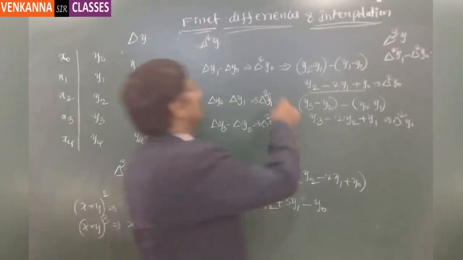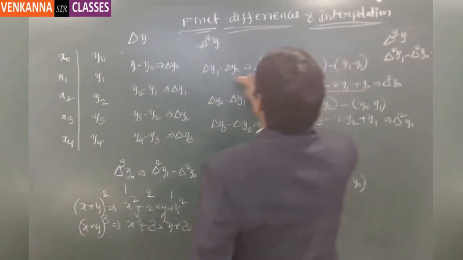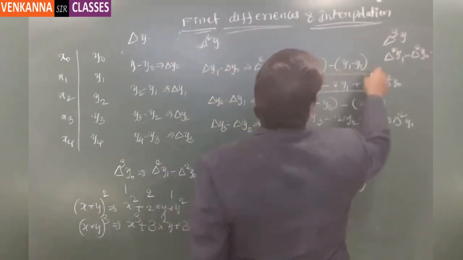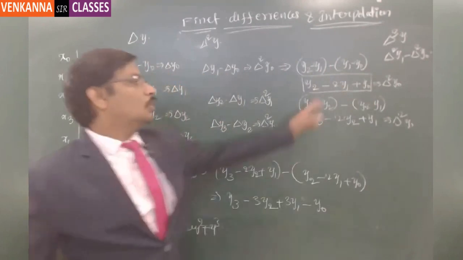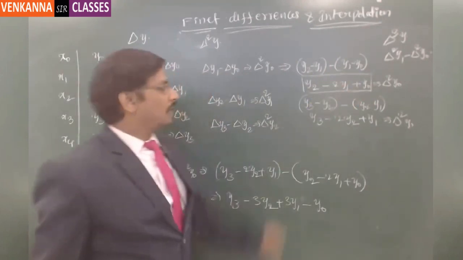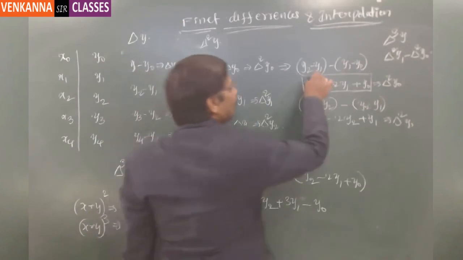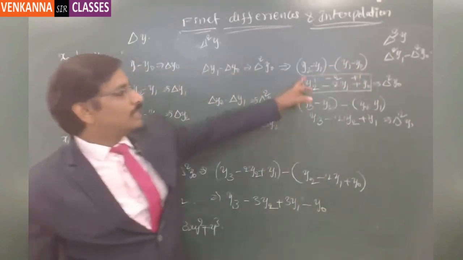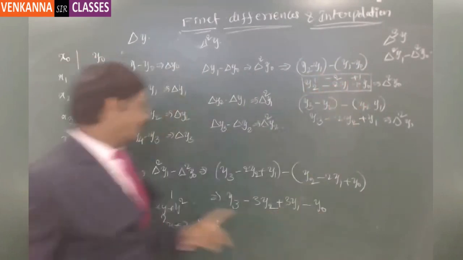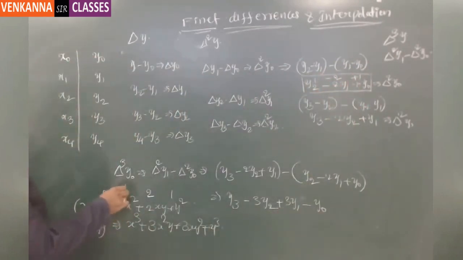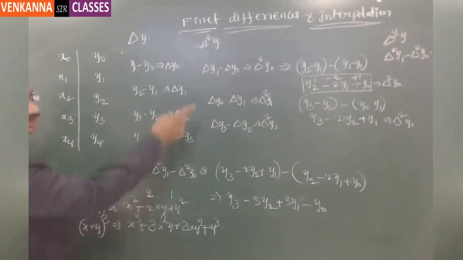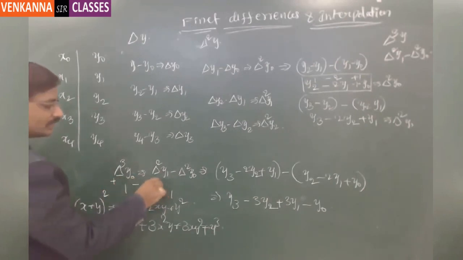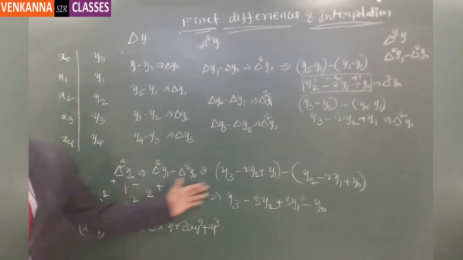In this operator, del square y, the value we calculated is y2 minus 2y1 plus y0, with coefficients plus 1, minus 2, plus 1. The only thing that changes is the sign: instead of plus 2 it is minus 2. So with alternating signs of plus, minus, plus, minus, it will continue like this.